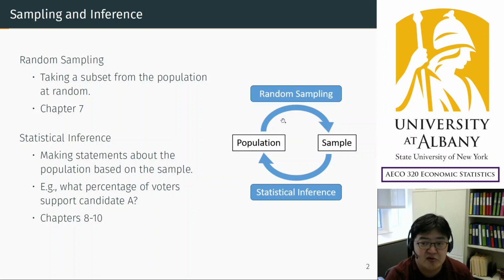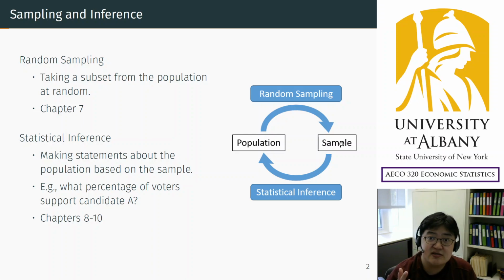We learned random sampling in the earlier chapter, and random sampling is the process of choosing a sample from the population. It is how the sample is generated from the population, right? We learned it because we needed to go the other way. Random sampling is a process going in the direction from population to sample.